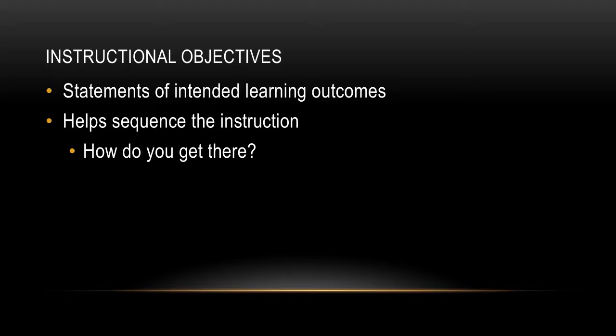We would say something like, audience will be able to list the ingredients of a peanut butter and jelly sandwich. Audience will be able to describe the 4 steps to assembling a peanut butter and jelly sandwich. And finally, audience will demonstrate that they are capable of making a peanut butter and jelly sandwich. That's a dumb example, but you can see how it's better than our objective is to teach them how to make a peanut butter and jelly sandwich, right? Because there's a lot that can go wrong in there.